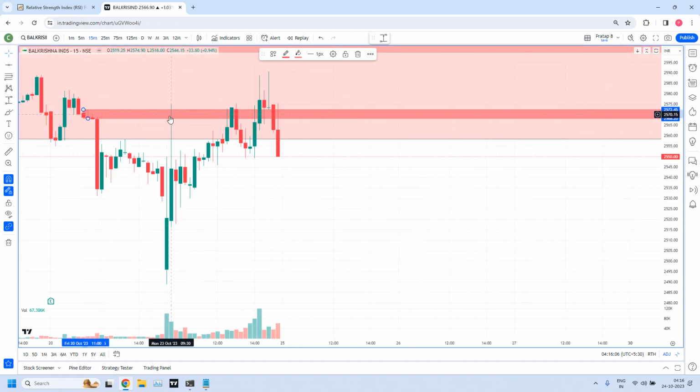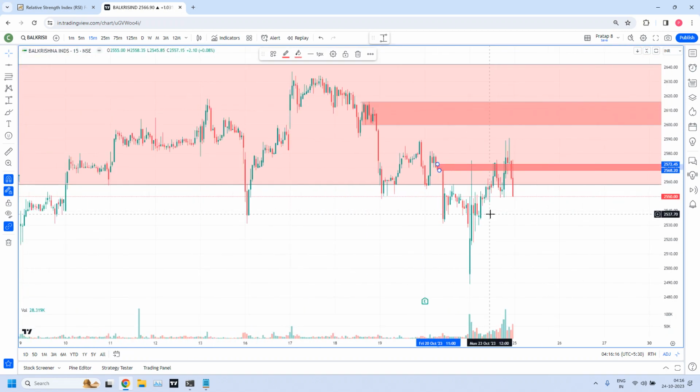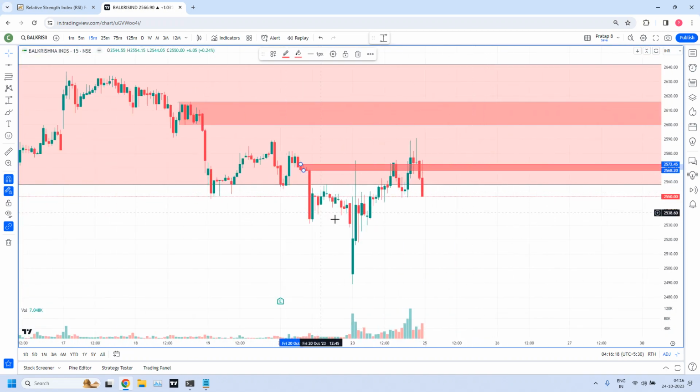Okay, somebody might have thought in this rejection, okay, it hit the stop loss, but the stop loss buffer would have saved you. You might be thinking we would have got a very good profit here. Because the price already happened, we will think like that.